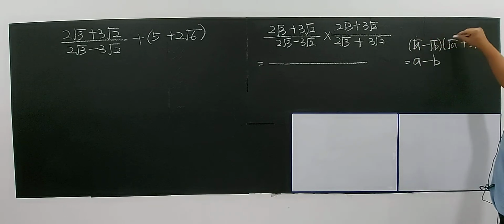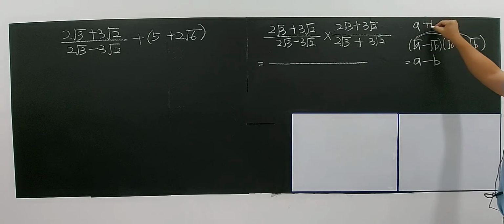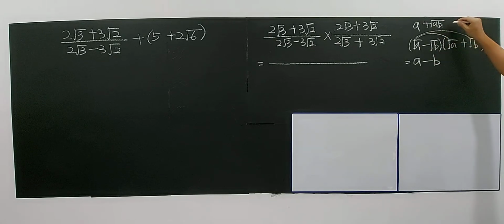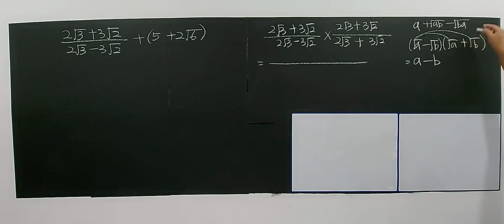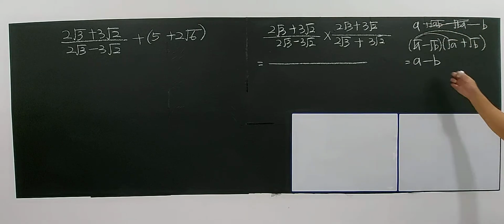Square root of a times square root of a, you have a. Then positive square root of a times square root of b is square root of ab, minus square root of b times square root of a, which is the same. So positive and negative cancel out. Square root of b times square root of b, you have b, negative. So you have a minus b. This is a shortcut.